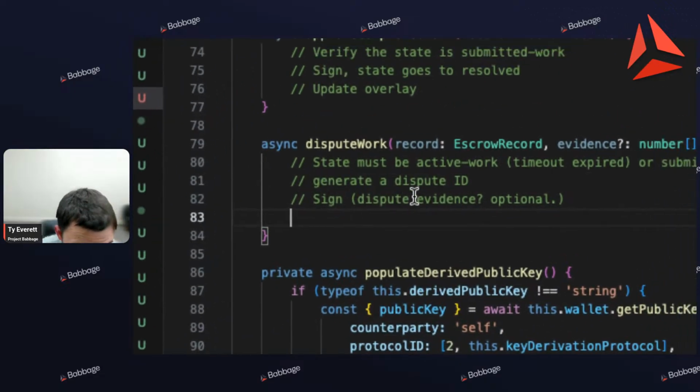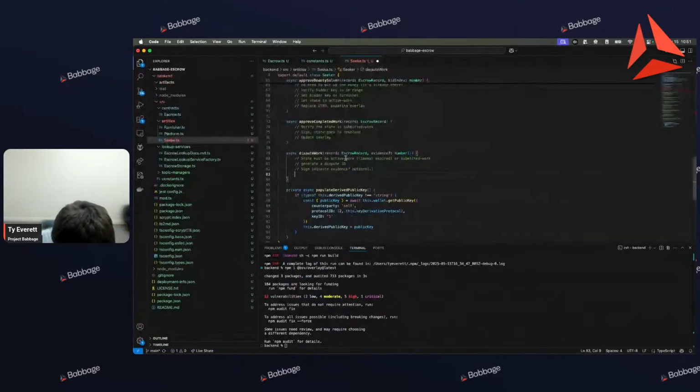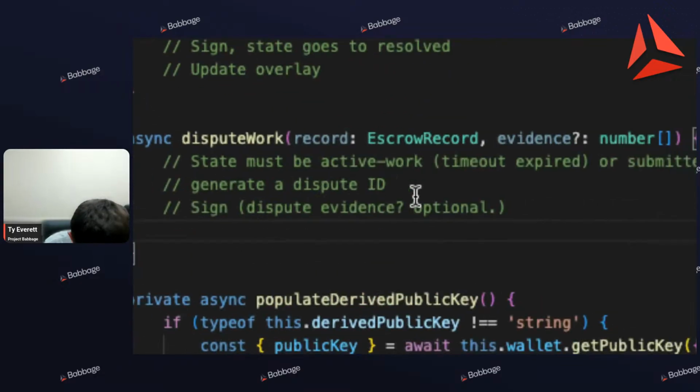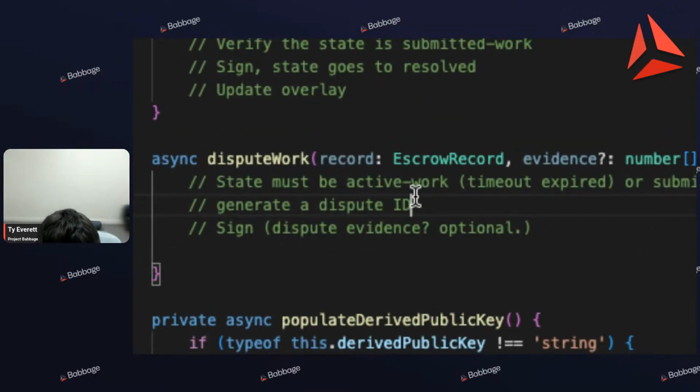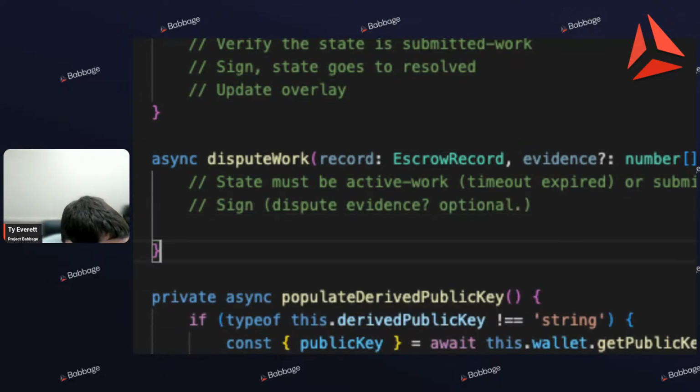Generate a dispute ID. Oh, what could possibly go wrong? You know, if you're malicious, you could create a dispute ID that is the same as an existing dispute ID. So therefore, the dispute ID should be the TX ID of the initiating transaction of the contract and will not be generated. I'm thinking this because we got to reference this.